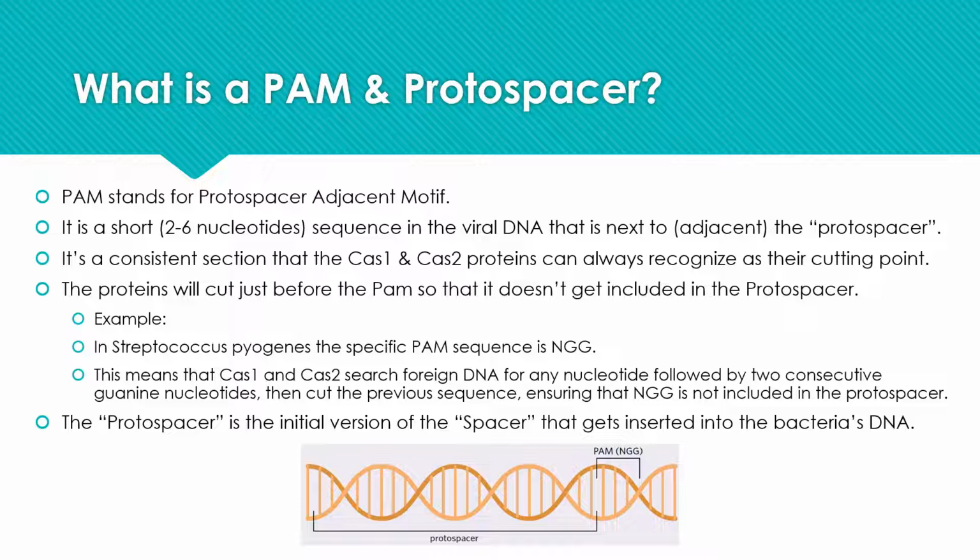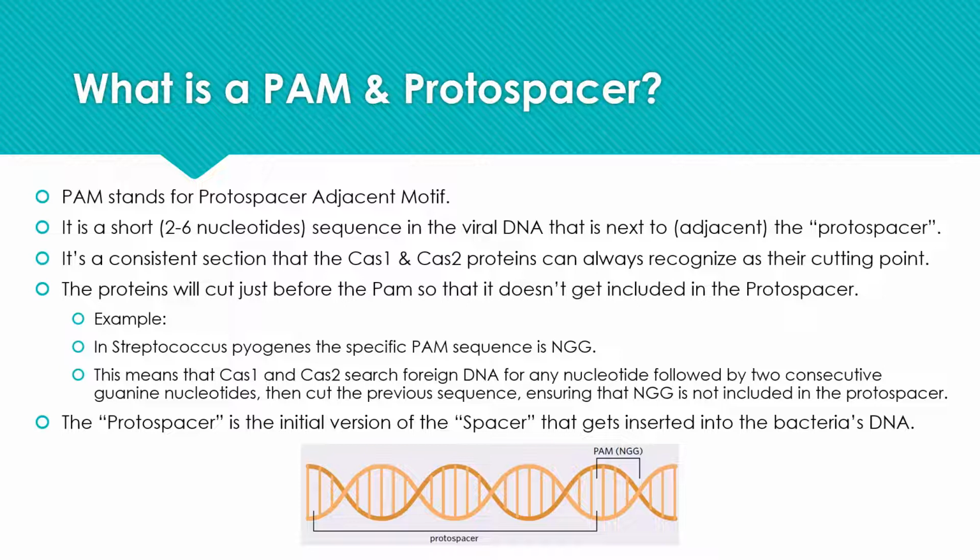Basically, in the initial attack, when you need to first get a copy of that viral DNA, the bacteria is going to send out its Cas1 and Cas2 proteins. We tend to focus on Cas9, but there are other kinds of Cas proteins. Cas1 and 2 will go out in the initial attack and look for this consistent section that's always right next to the protospacer.